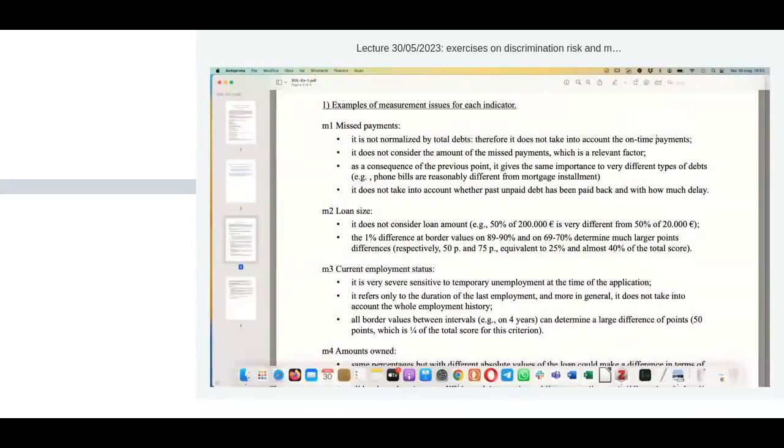Or you might have missed 3 payments over 3,000. So it's a very small percentage, but you get the same penalty. So it's not a good measure for this. And as I told you in this example, it does not consider the total number of payments, neither the value nor the number.